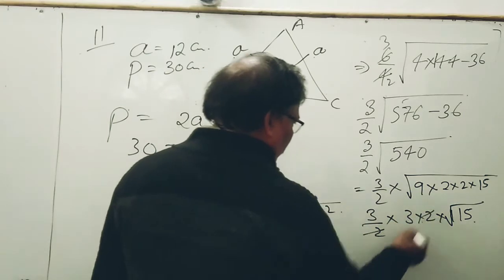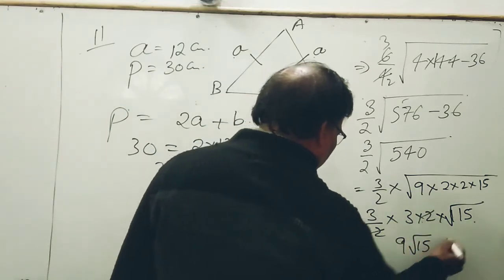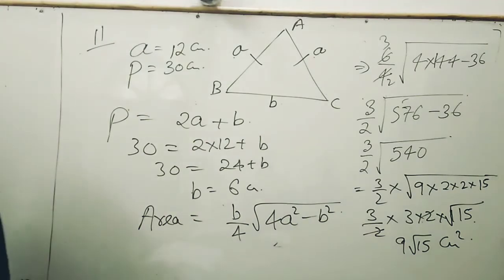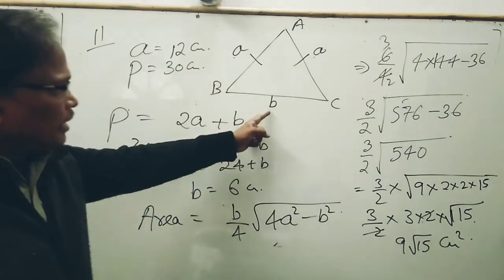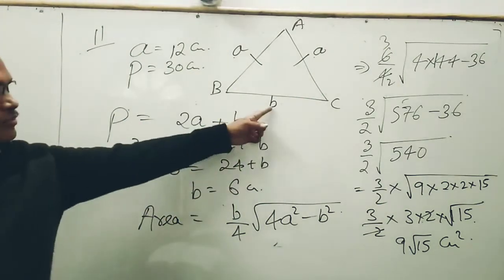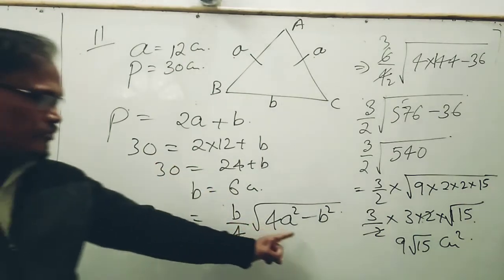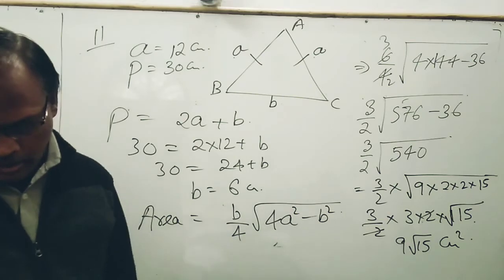So it will be 9 root 15 centimeter square. This is the area of the isosceles triangle. So first you will find the unequal length b, means the base of the triangle, and then after finding the base use this formula, that is area of the isosceles triangle.